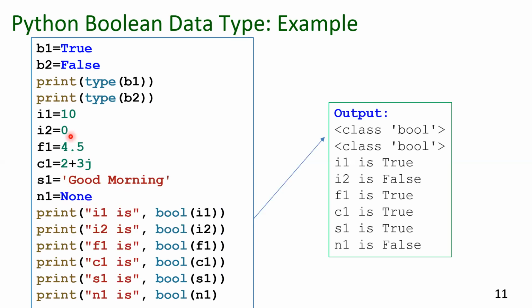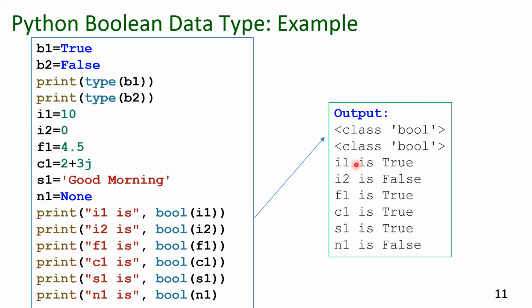Remember, 0 and None are considered as Boolean false, and any other value other than 0 and None is considered as true. So if we try to print the bool of I1, bool of I2, bool of F1, bool of C1, bool of S1 and bool of N1, where actually we are trying to convert the assigned values to the Boolean type, only the variables having the values of 0 and None are considered as false.